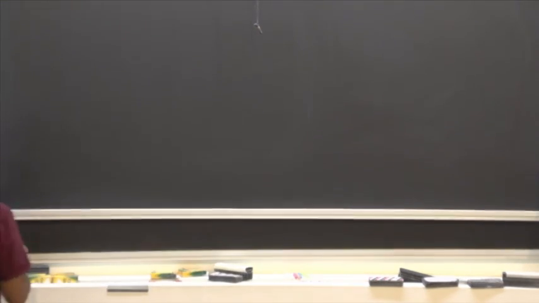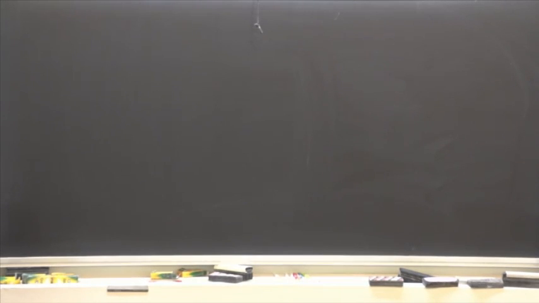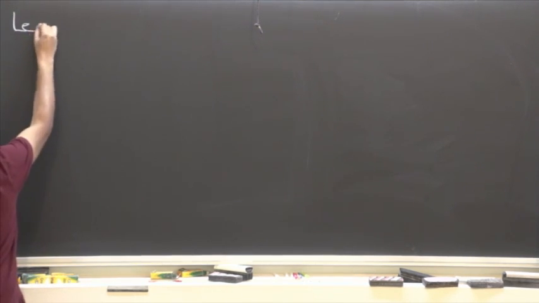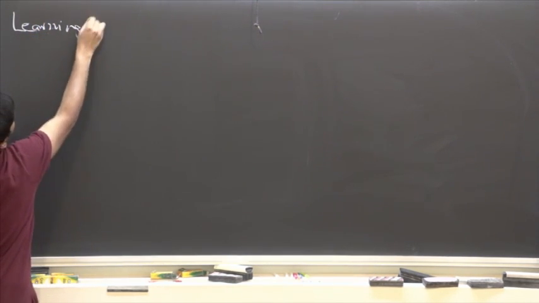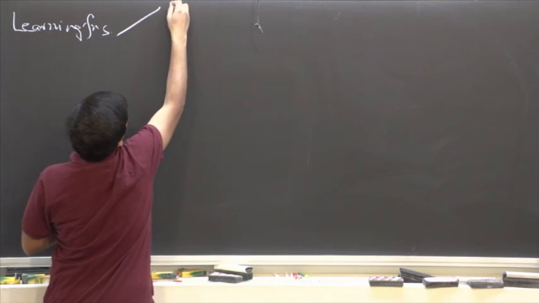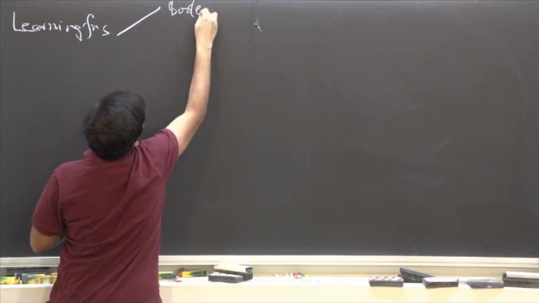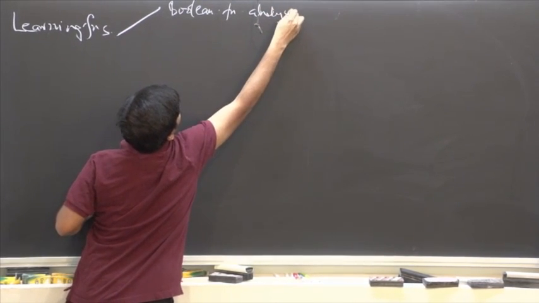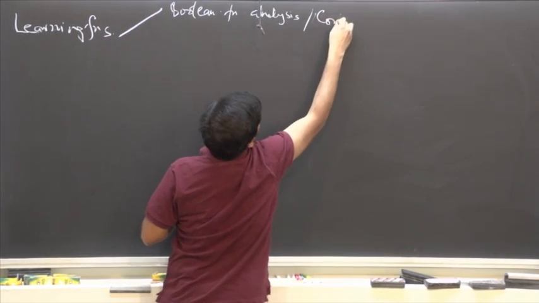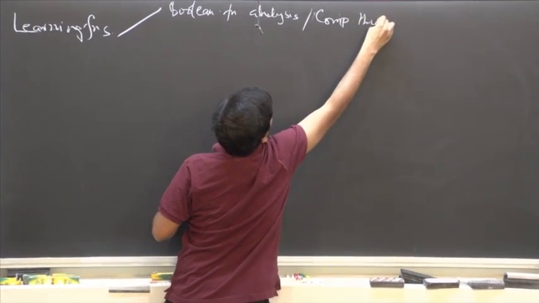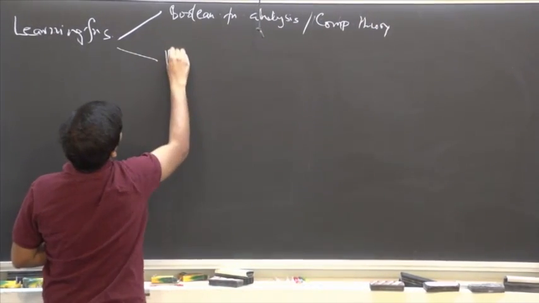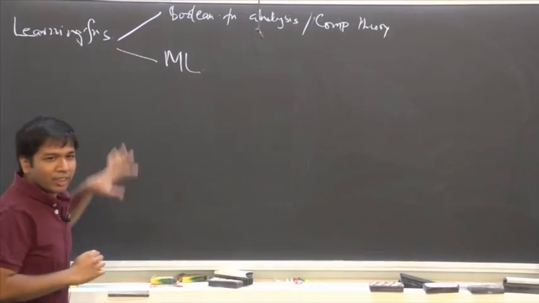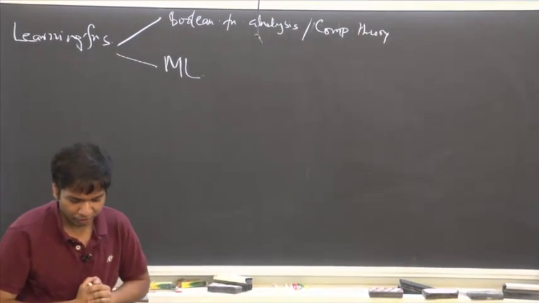So learning functions: two kinds of work, Boolean function analysis / complexity theory, and machine learning, and this set of techniques has been disjoint.